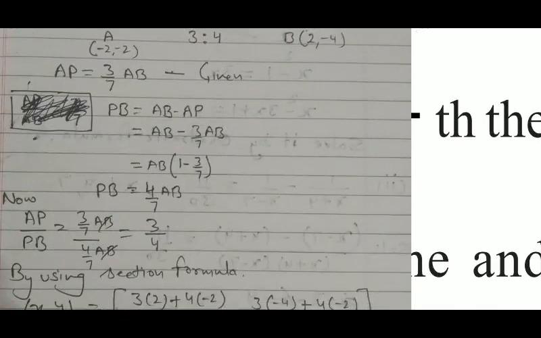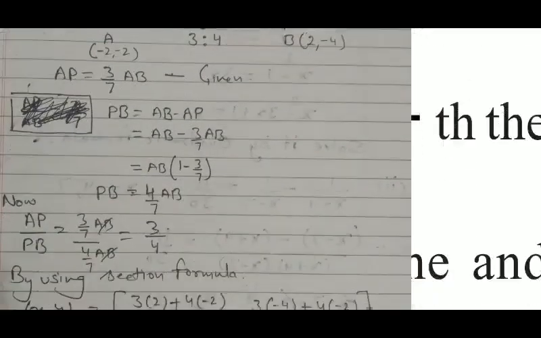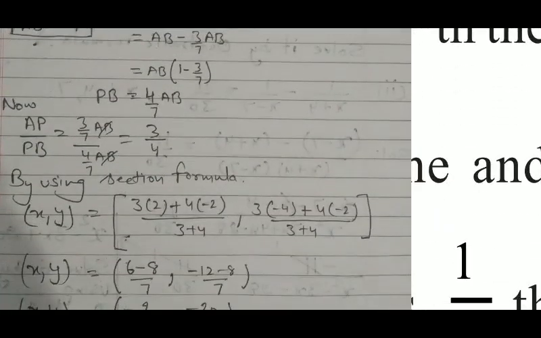Now you will find the value of AP upon PB, which is the required ratio, and after putting the values of AP and PB you will get the ratio 3/4, which is the required ratio. So we can say the point P divides AB in the ratio 3:4.